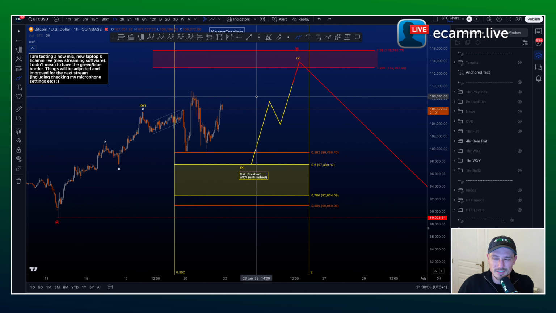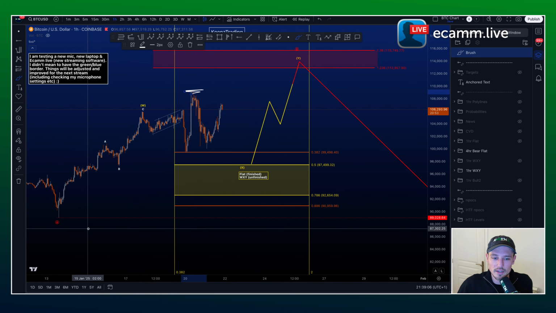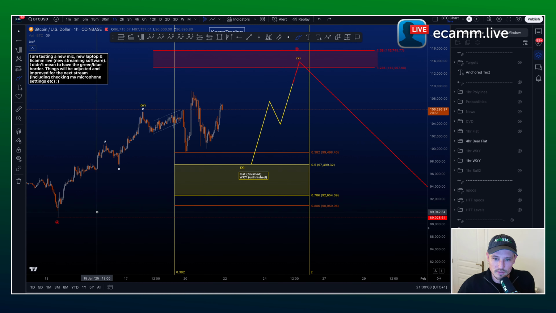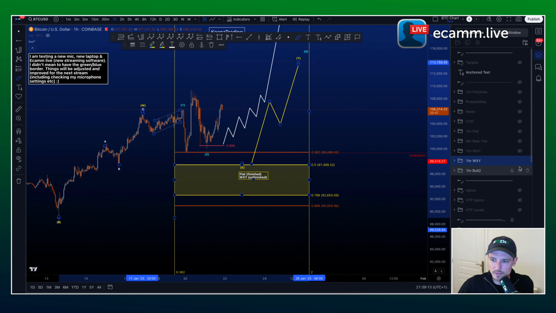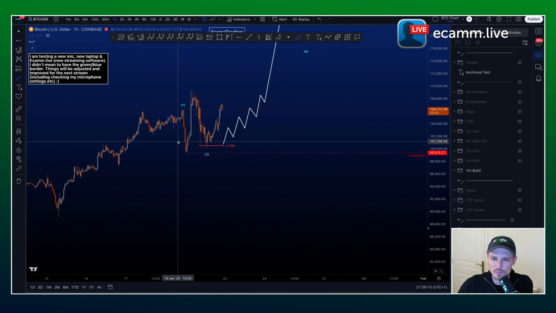So honestly, it doesn't really change the overall scenario because the probabilities are still higher to take out this high, at least before, maybe at a later stage, the low. And this is one of the scenarios that leads to that. So bullish scenario, multi 1-2, it's just not looking too great here at the moment.